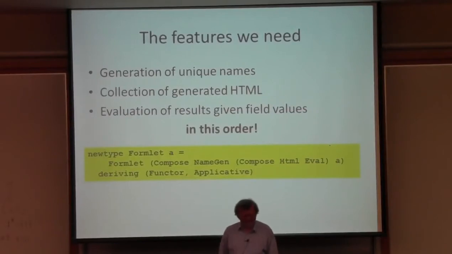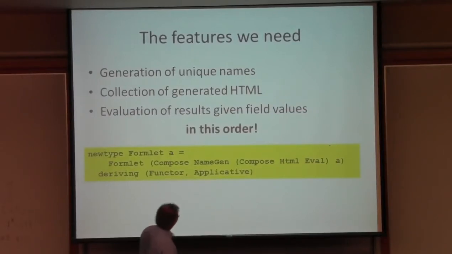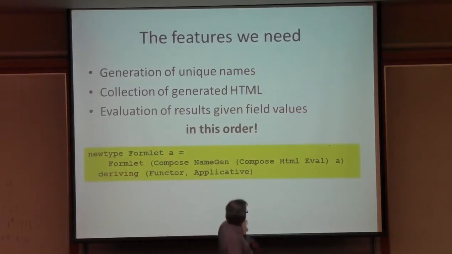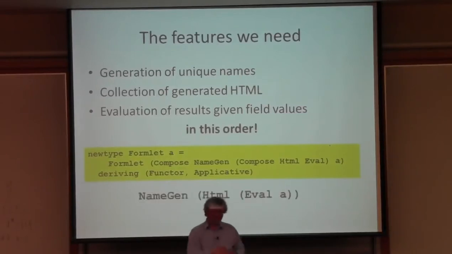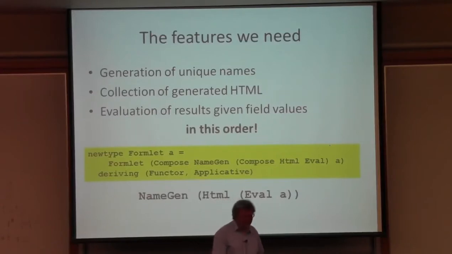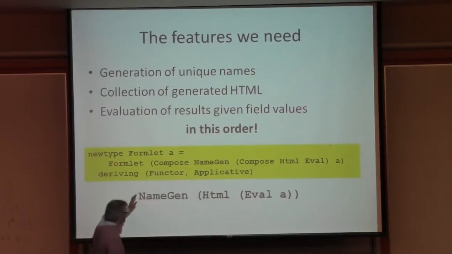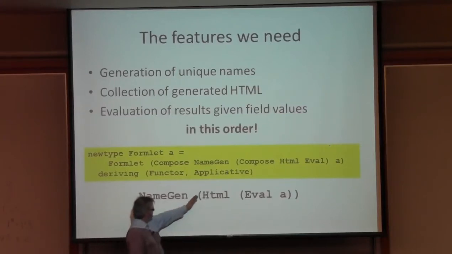Here's my formlet type, which is now just a composition of a name generator functor, an HTML functor, and an evaluation functor. So I've used my compose type here, but basically we're working with things of this type. When we run something of this type, the first thing we will do is name generation.